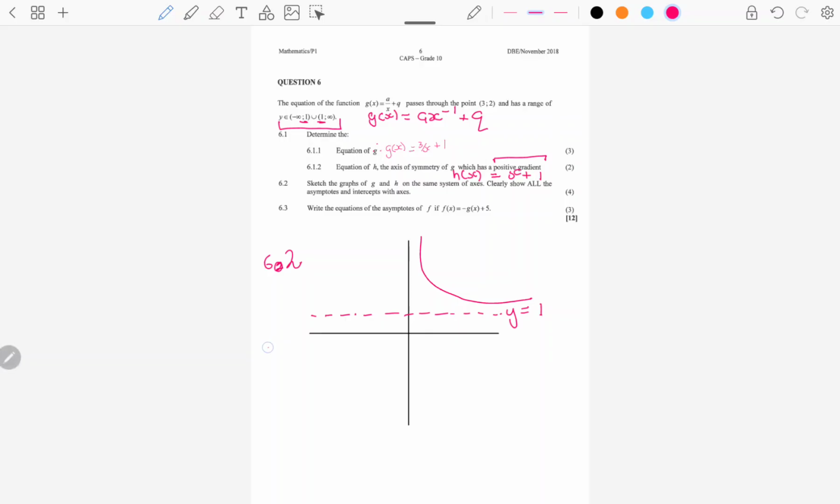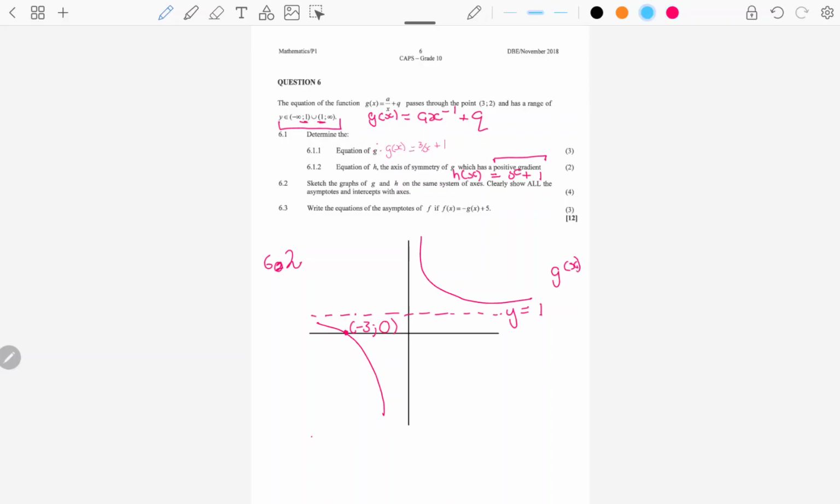The x-intercept of g will be negative 3, and this will be our g of x.